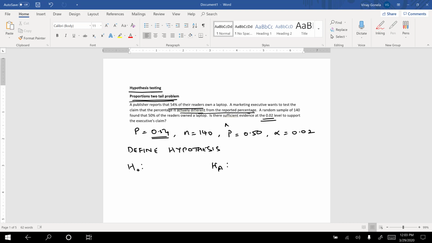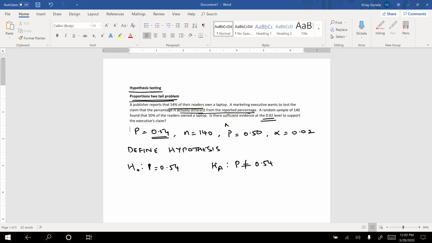So that means the proportion which the publisher reports, p, is exactly equal to 0.54, and the alternative will be not equal to 0.54. If it is less than 0.54, the publisher's claim is wrong. If it is more than 0.54, the publisher's claim is wrong.